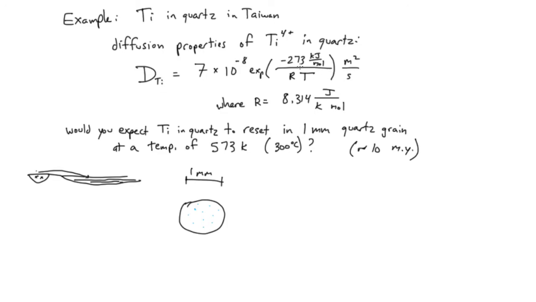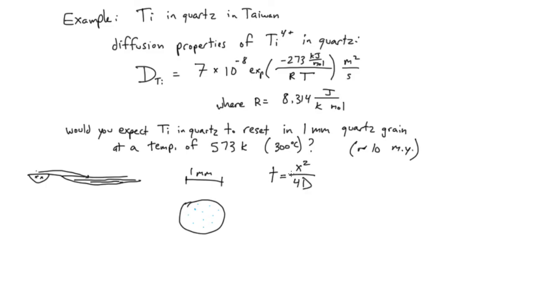So to try to answer this question, we'll use that characteristic equation, right? We could ask, if a grain is this size, how much time would it take for that diffusion to occur?